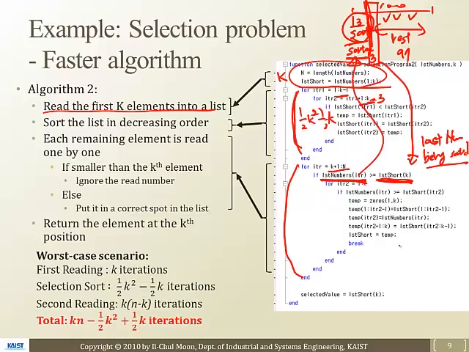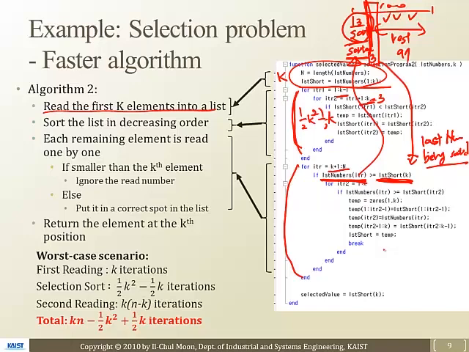In this sorted list, we don't care if it is less than the k-th number sorted. The last sorted number means the k-th number.